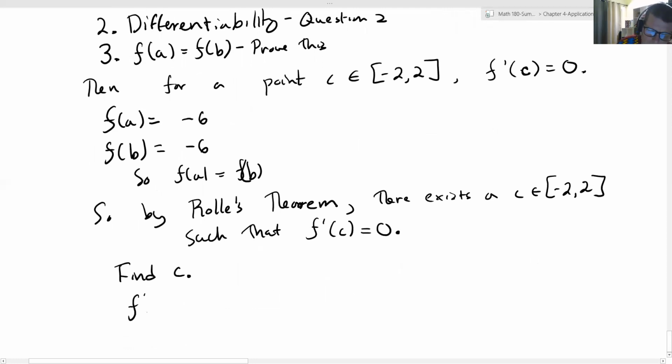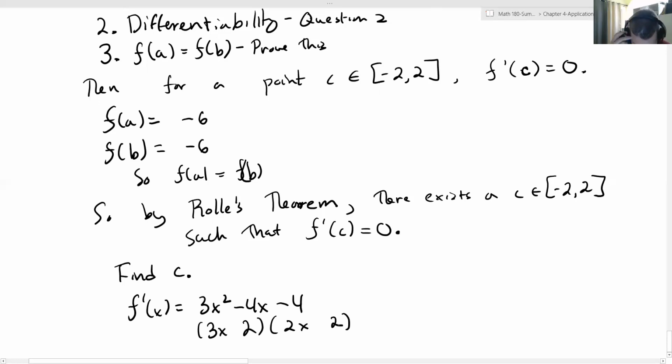So F prime of X is going to equal 3x squared minus 4x minus 4. Okay. And so what that'll give me then, I've got 3x, 2 and 2, minus, so this one is... What's this 2x for?